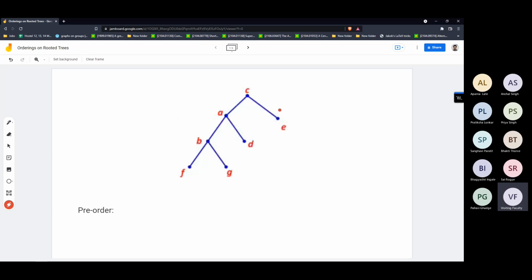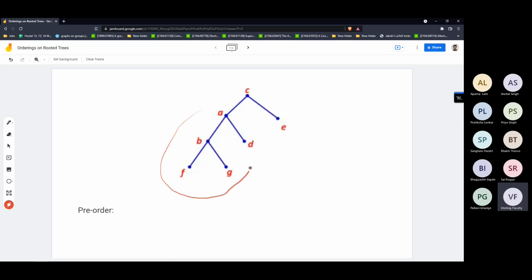Pre-order says write down the root first, then the vertices in the left subtree, then the vertices in the right subtree. I'll repeat again. Pre-order says write down the root first, then the vertices in the left subtree, then the vertices in the right subtree.